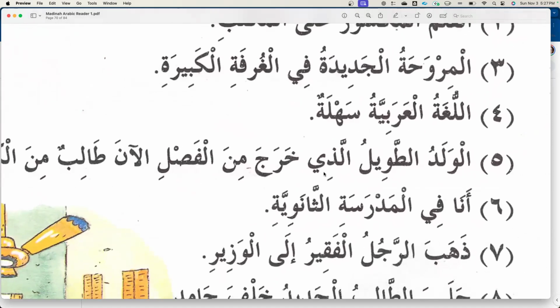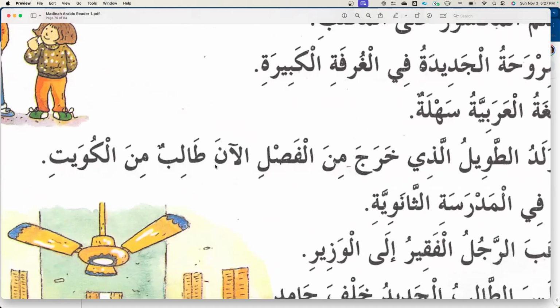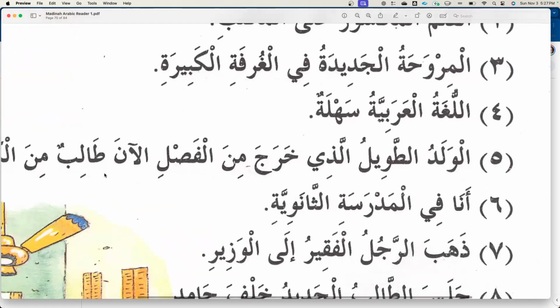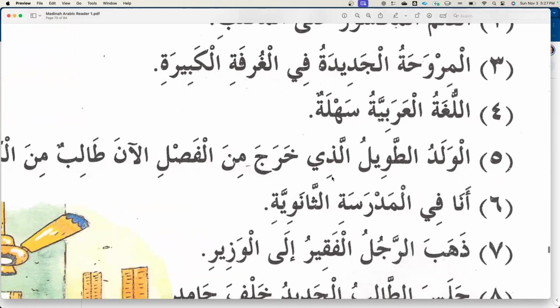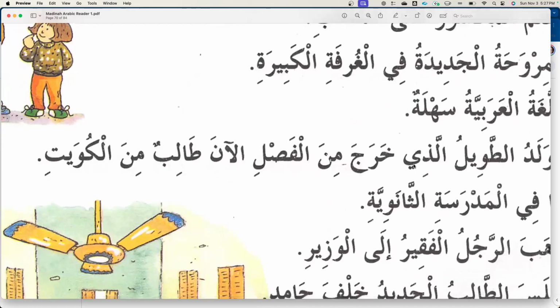الولد الطويل الذي خرج من الفصل الآن طالب من الكويت. Exactly. So the tall boy that left the classroom now is a student from Kuwait.